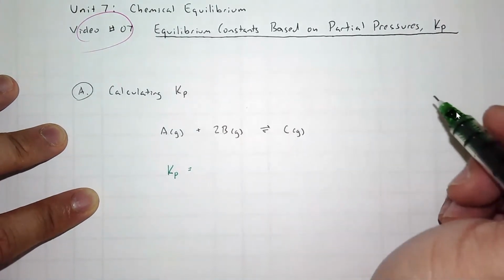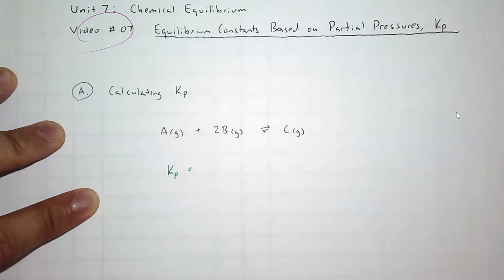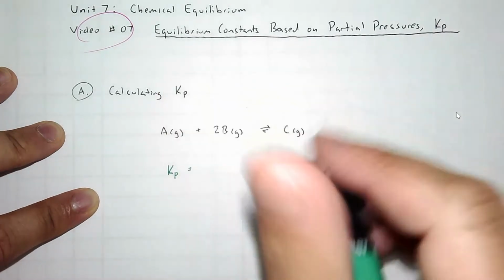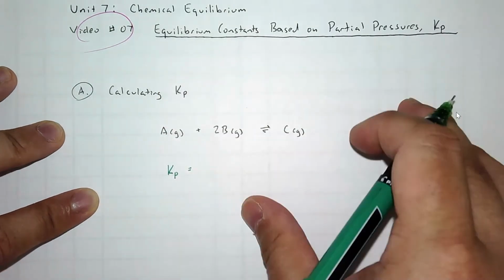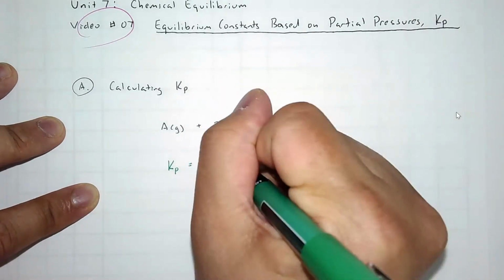So you've done partial pressure calculations before. You have a total pressure, and you figure out the mole fraction for each component, and you multiply the mole fraction times the total pressure to get the partial pressure. If you have those partial pressures, remember equilibrium constants are products over reactants. We're going to show it like this.